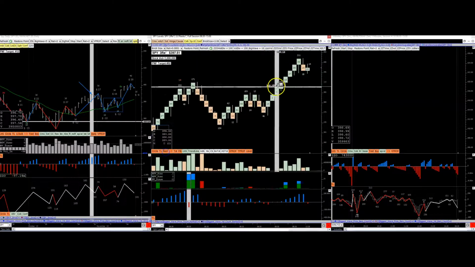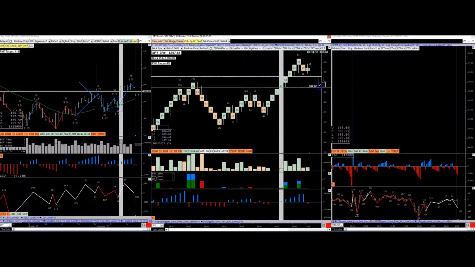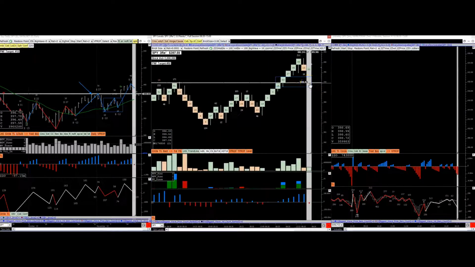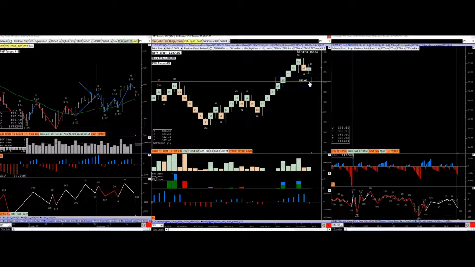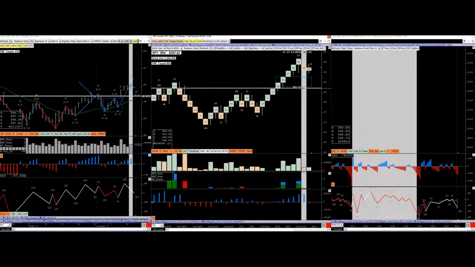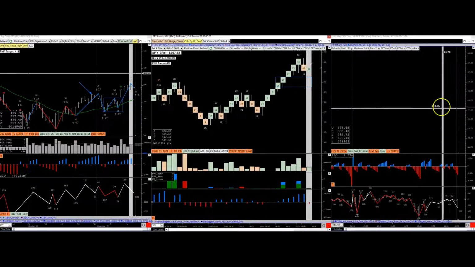So here, you want to be ready for not just the test, but examination of the test to see how much pressure it is. And if it's mediocre, expect a little move up, maybe a brick or two, and market to come back down and spring this level. And on that spring, watch the lower time frame charts.